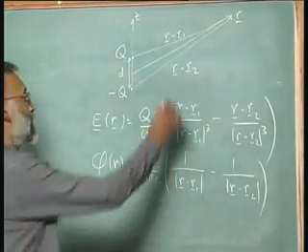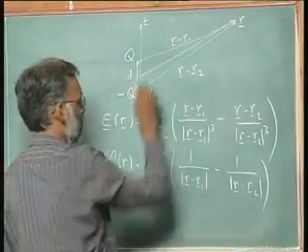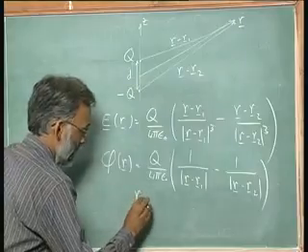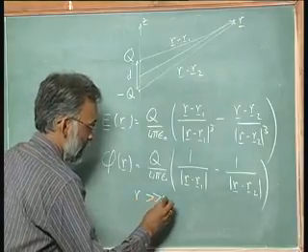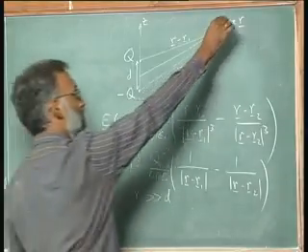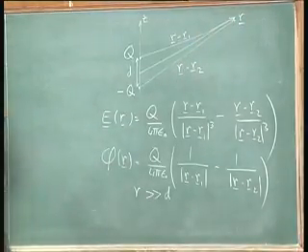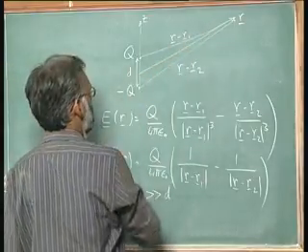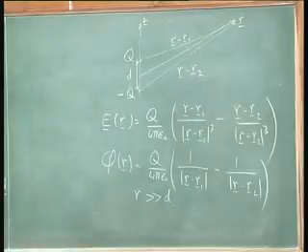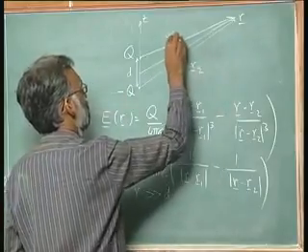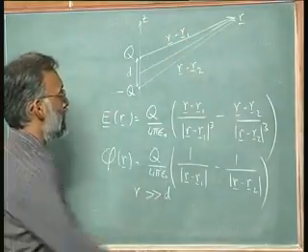Why is it a simplification? Supposing I wanted to find out what this field is for r much greater than d. So, I am talking about a point which is far away. Then what is going to happen? These two lines, let me redraw this because it is not drawn very well. These two lines are nearly parallel.